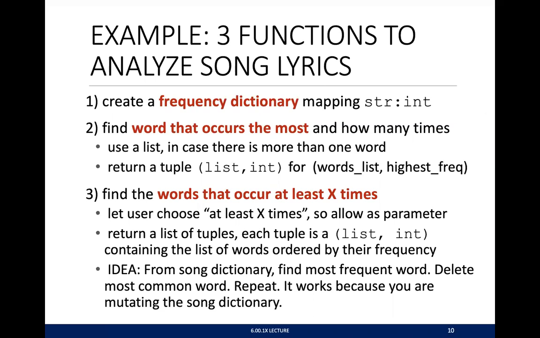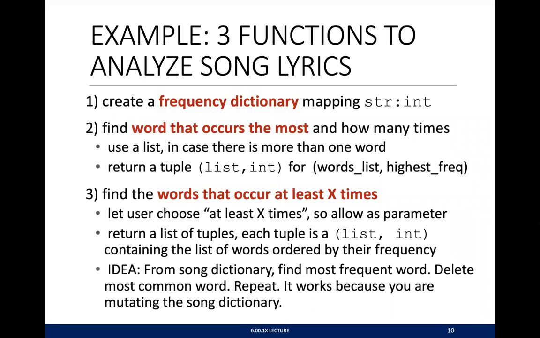And then I want to write another function that filters the words and gives me only the words that occur at least X times. X is given as an input, and the function should return only the words that appear X times or more.